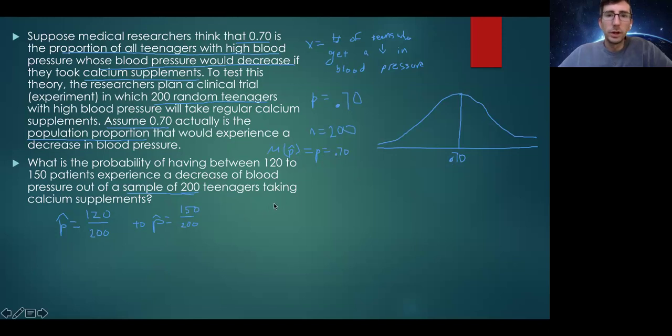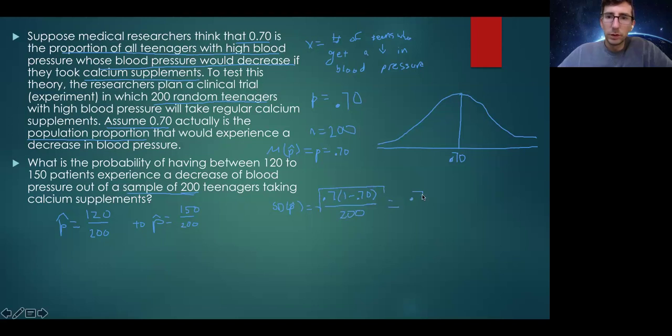And we need to calculate the standard deviation of our p hat. What's this going to be equal to? It's going to be equal to the square root of 0.7 times 1 minus 0.7 divided by our sample size of 200.